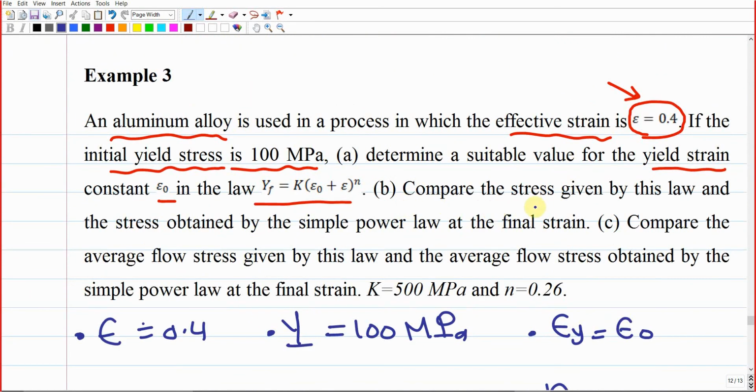For point B, compare the stress given by this law and the stress obtained by the simple power law at the final strain. When we achieve this strain, how much is the stress, which means the flow stress, and compare this with the simple power law flow stress.